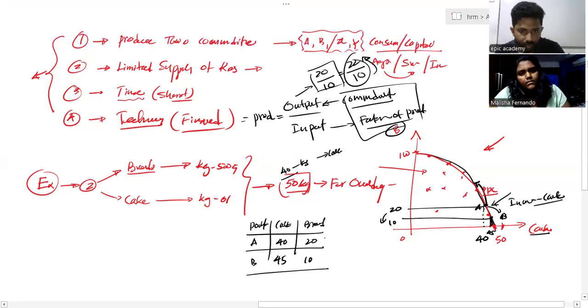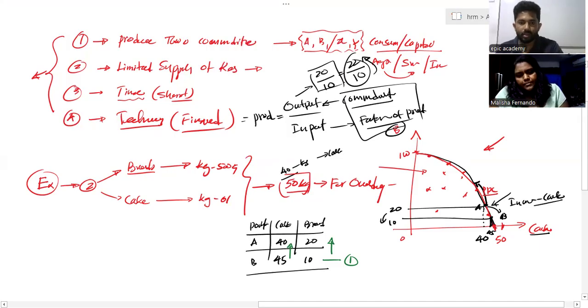Just consider this is the first production: you produce 10 breads and 45 cakes. Now you want to increase the production of bread from 10 to 20. So you have to sacrifice the production of cake, from 45 to 40.